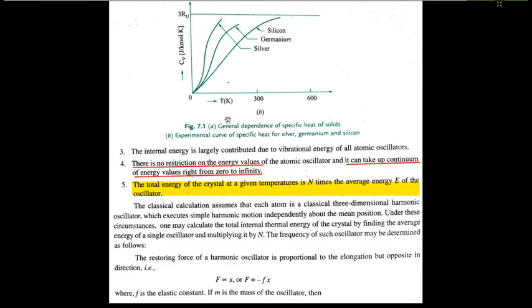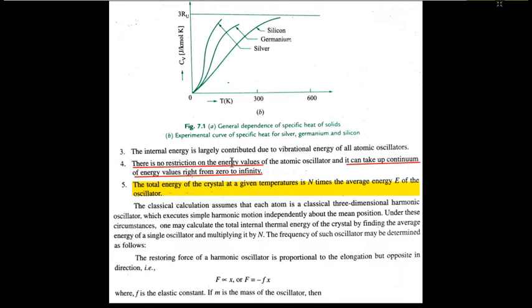But anyway, in those days there was one restriction: energy doesn't have any boundaries. The atomic harmonic oscillators can consume energy as much as possible, and it may run between 0 to infinity, which is weird, but that was the assumption in those days.